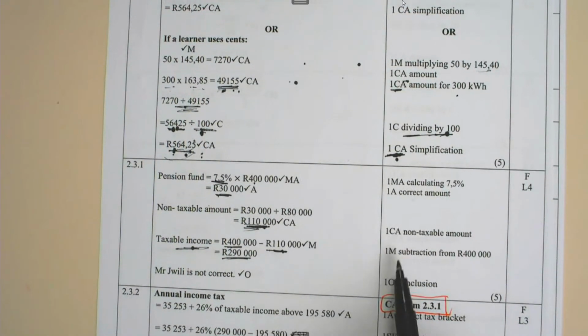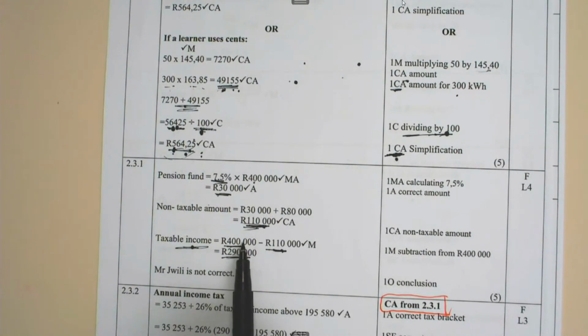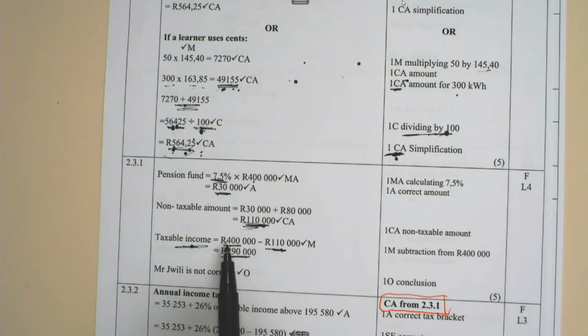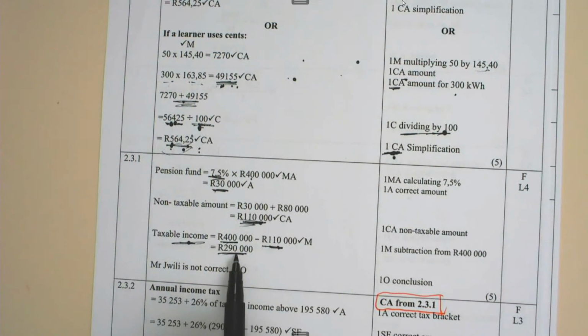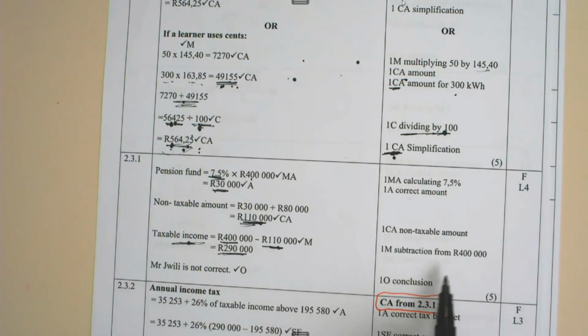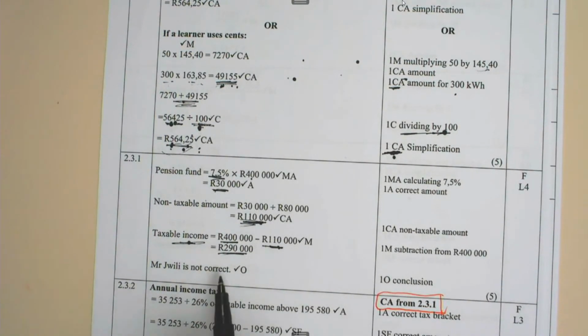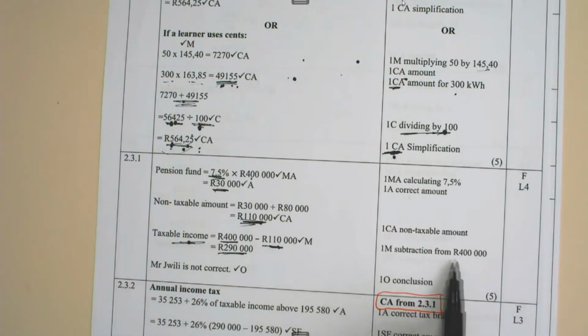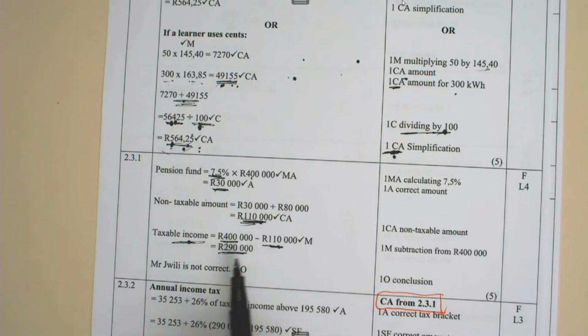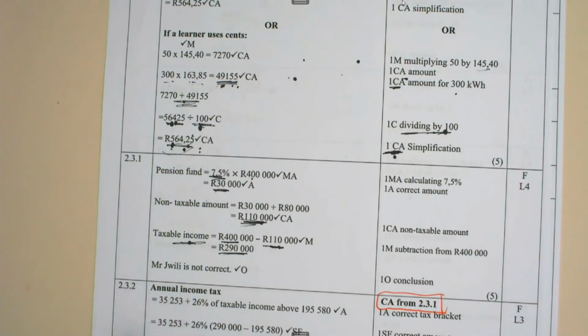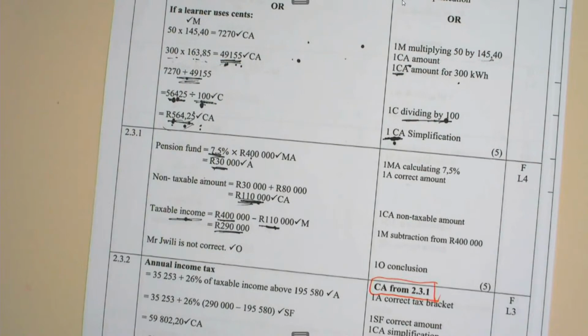And then another mark is for subtraction, remember, you subtract the non-taxable amount from the annual income, the 400,000, not the taxable income. Then you get the taxable income of 290,000. You don't mark 290, the mark is for subtracting 110 from 400, and then the answer will be 290. And the learner should conclude by saying, Mr. Julie is not correct. Then the learner will get 5 marks.